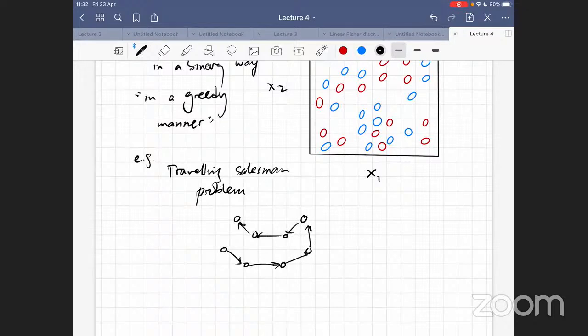But it doesn't necessarily have to be the shortest path at the end of the day.